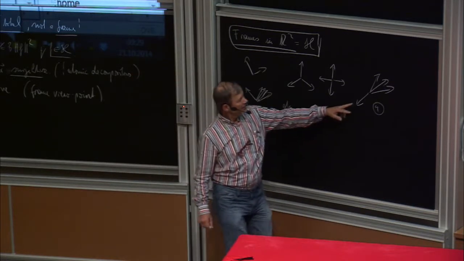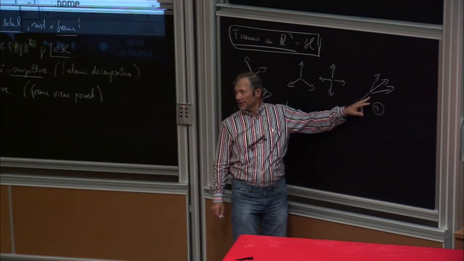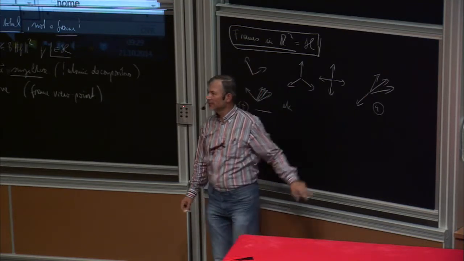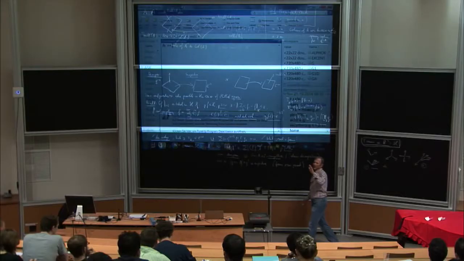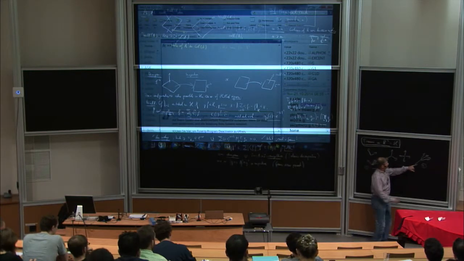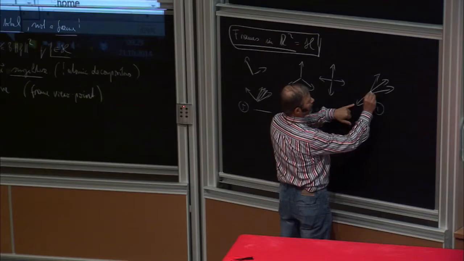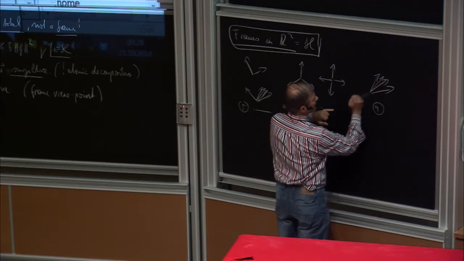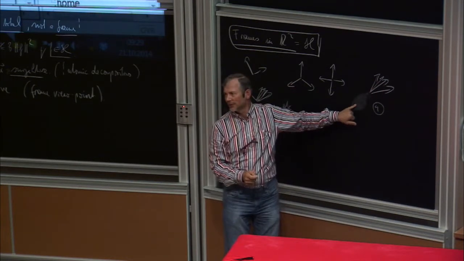Whereas here, they go in different directions, but the orientation is practically the same. If you replace a frame vector by its inverse, it would be more or less equivalent to this situation.